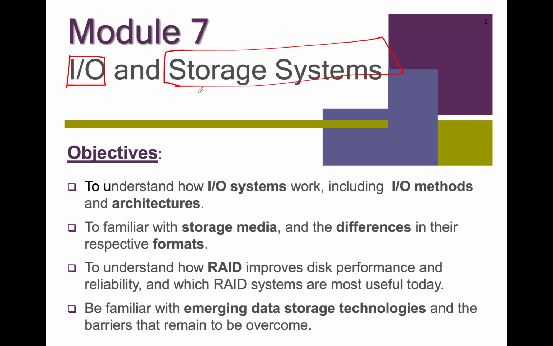Data storage and retrieval is one of the primary functions of your computer system. This one also, because we have data storage here, same goes for the memory, which is a storage part.